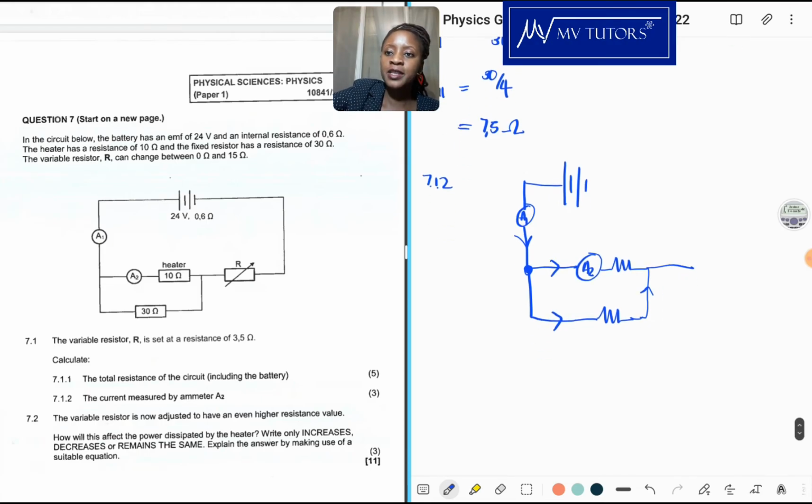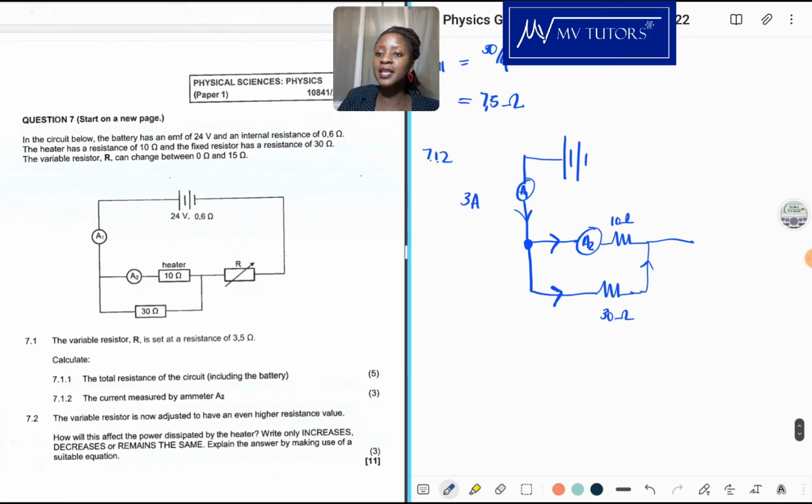So we need to know at this point how much of this, let's say A1 is 3 amperes, I'm just making an example. How much of the 3 amperes goes to A2, and how much of the 3 amperes goes to the 10 ohm resistor, and how much of it goes to the 30 ohm resistor. And there is a formula that you do know of.